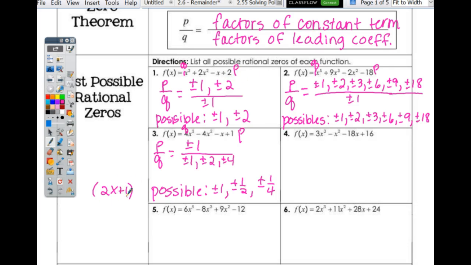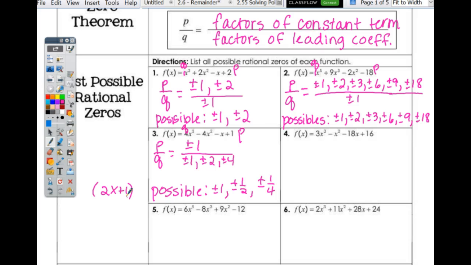If I subtract the 1, I get a negative and divide by 2. So it's either 2x plus 1 or 2x minus 1. And then how would I get the 1/4? 4x minus 1 and 4x plus 1. Okay? All right.